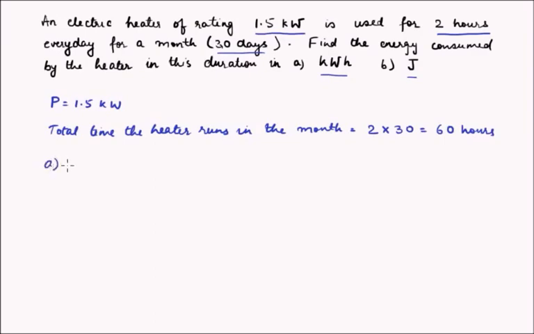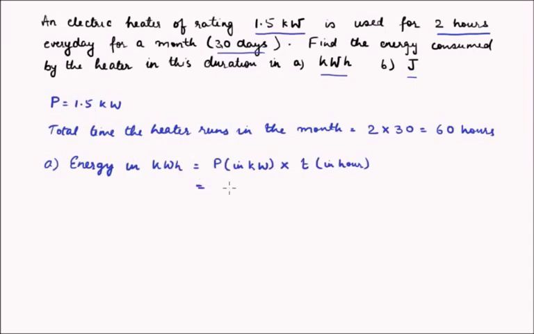Therefore, the energy consumed in kilowatt hour would be the power in kilowatt multiplied with the time in hour. We have them readily available here.